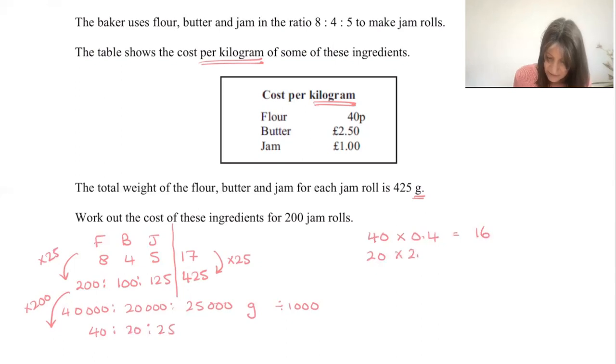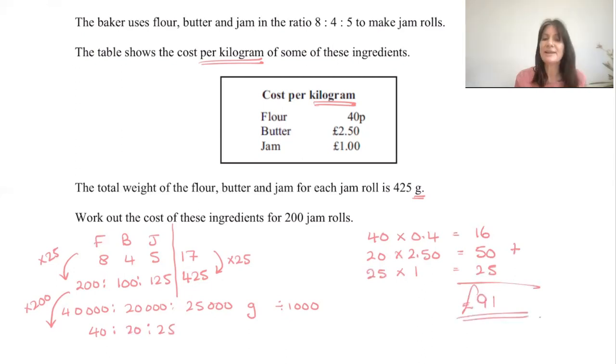That's £2.50 for every kilogram. So I multiply that through and the butter is going to cost me this. I've got 25 kilograms of jam, which I've got to times through by 1, which is going to give me 25. So I just need to add those to get my final cost. So it's going to cost £91 to make 200 jam rolls.